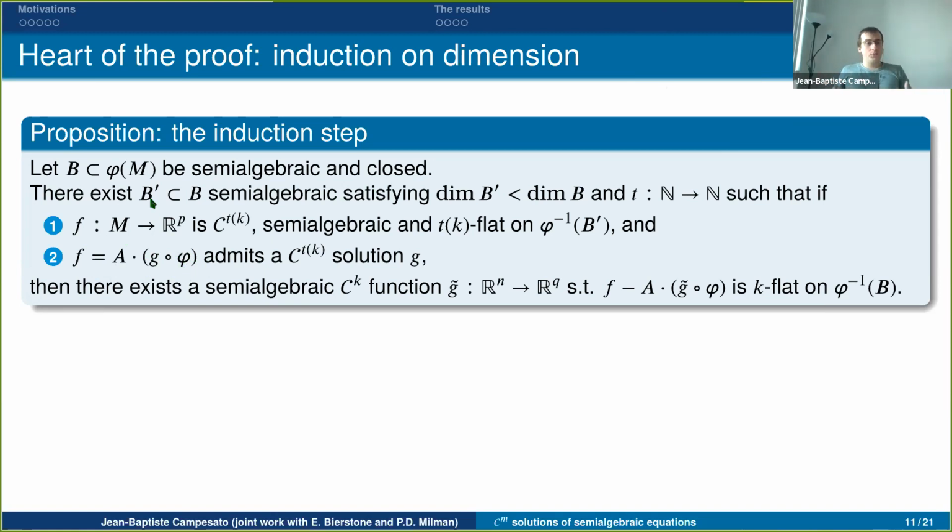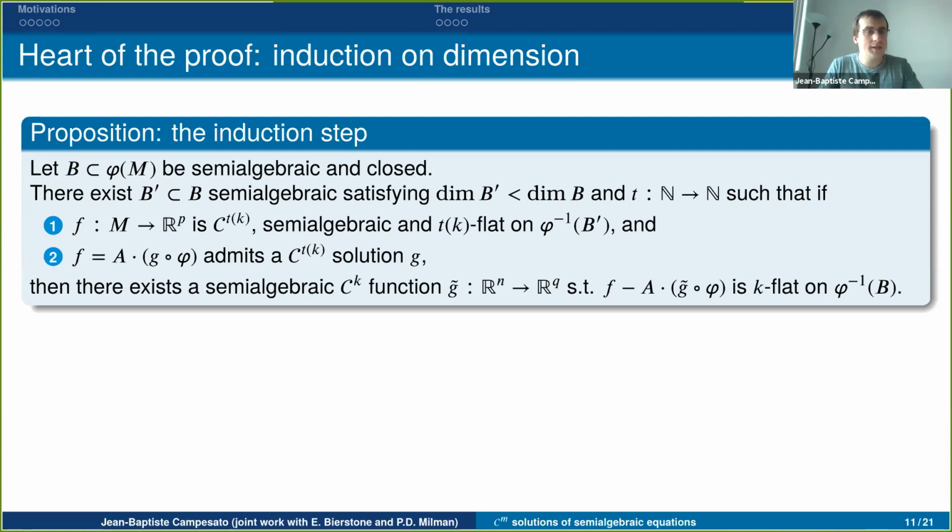And the main idea is the following one: there exists a B, a closed semialgebraic subset of the image of phi, which is of dimension less than the image, such that if we can solve the question on B, then we can solve the question on phi of m.